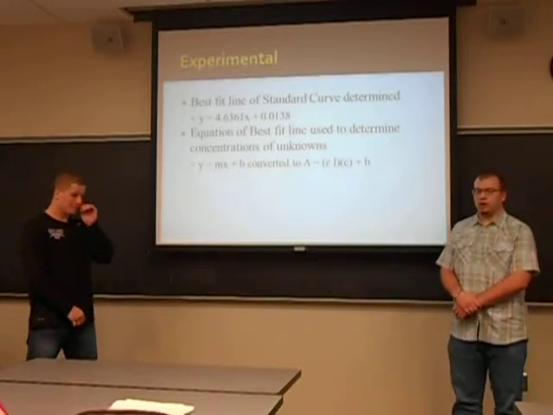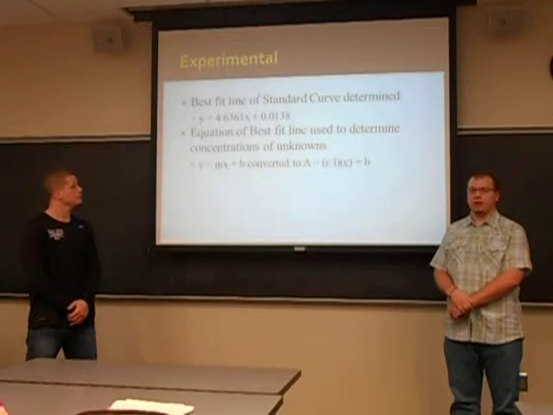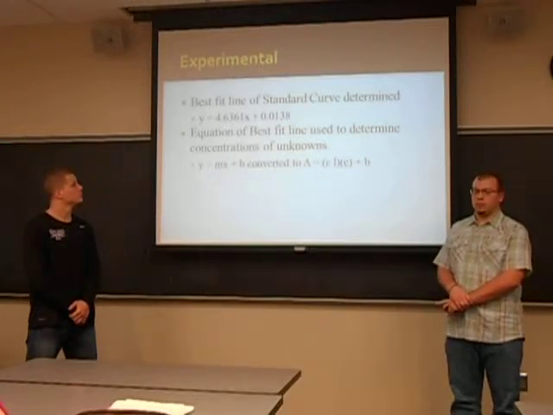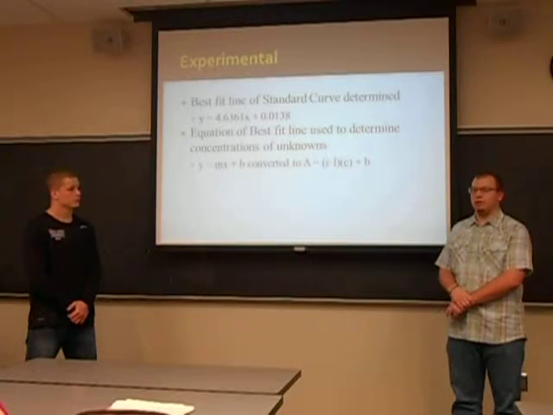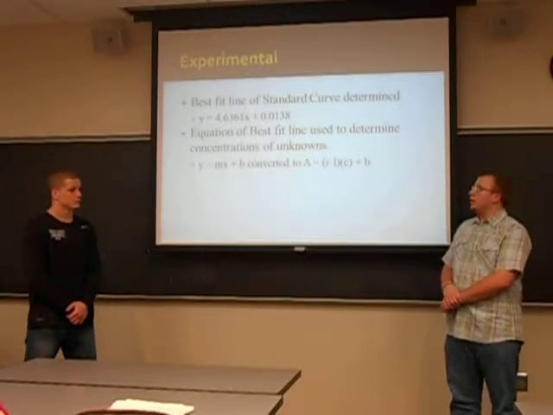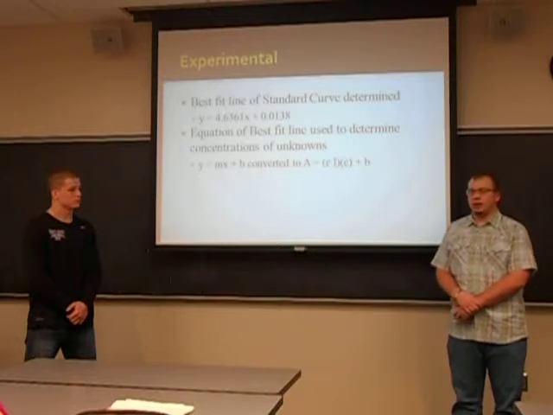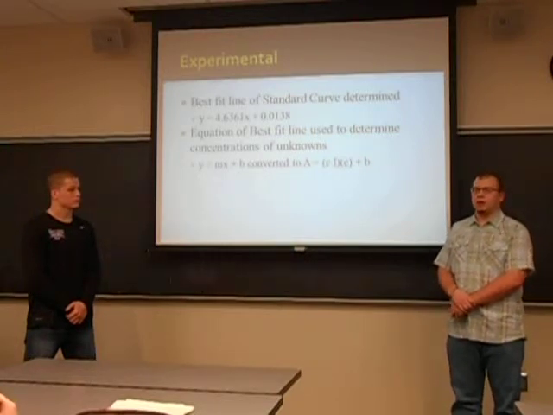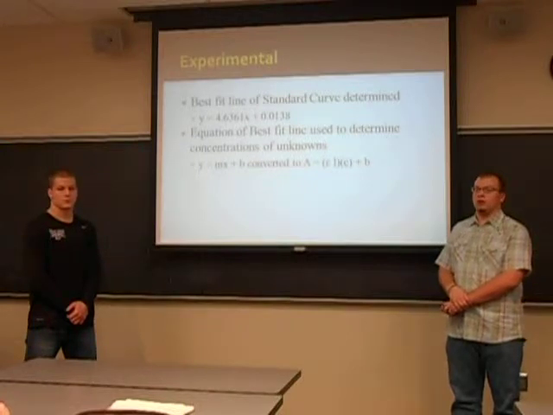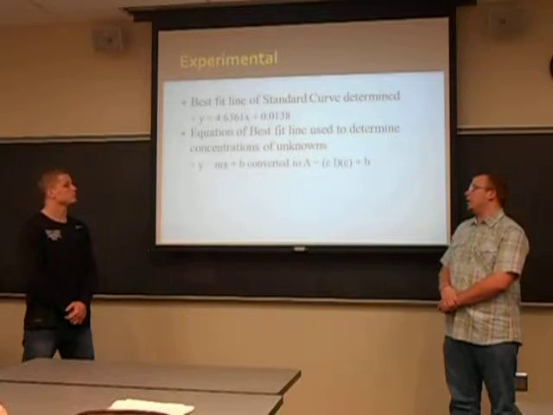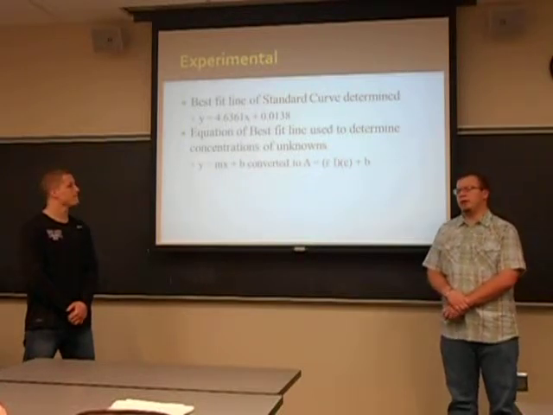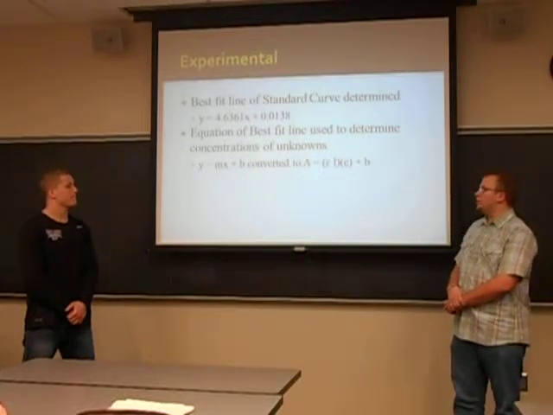We used our standard curve to find the best fit line equation. And this equation was used to determine the concentrations of our unknown. And the equation can be translated to Beer's law, which is absorbance equals epsilon times path length times concentration plus b.